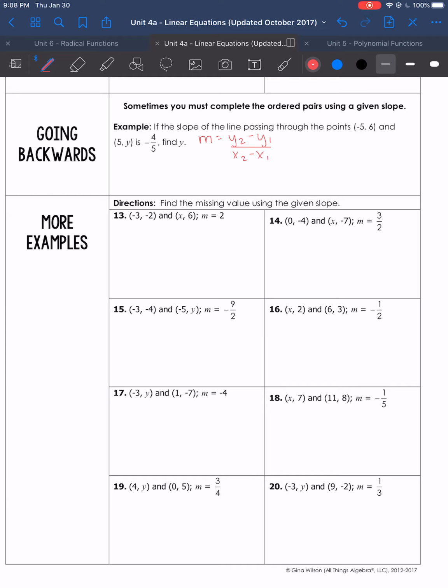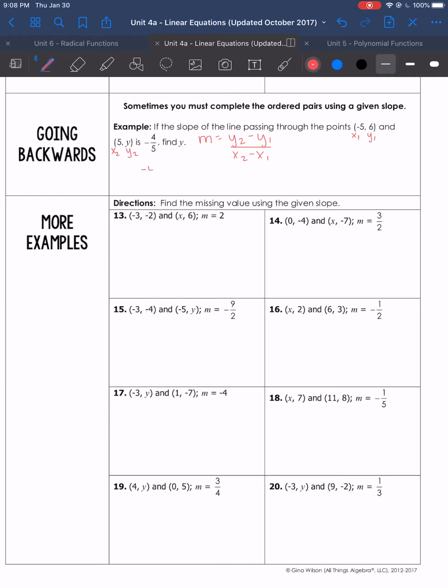So even though in this case, the slope of the line passing through the points negative 5, 6, and 5, y is negative 4/5, and we want to find y, we're still going to label them. So negative 5 is going to be x1, 6 is going to be y1, 5 is going to be x2, and y is going to be y2.